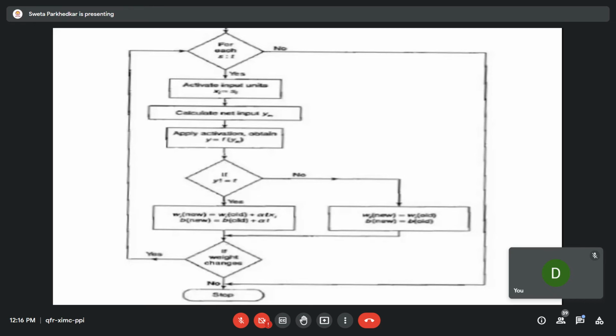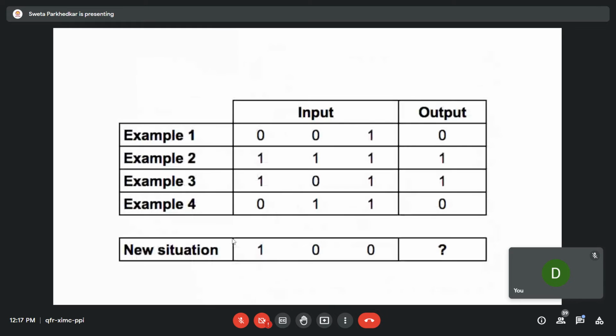Okay, now we'll see one program based on the neural network. We'll design a simple neural network. This is one of the examples: if the input given to the sensory unit is 001, the output should be 0.